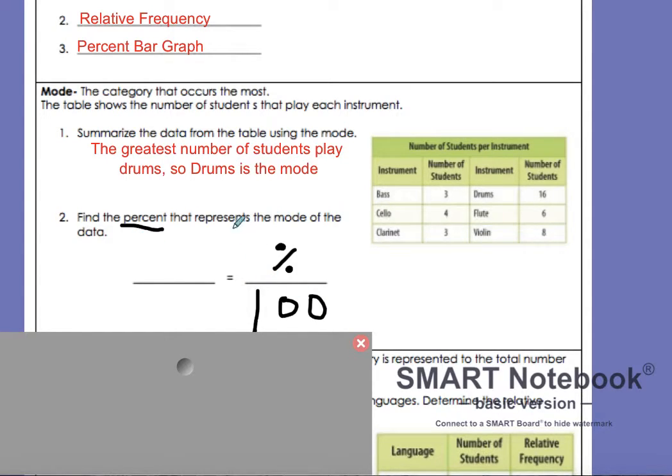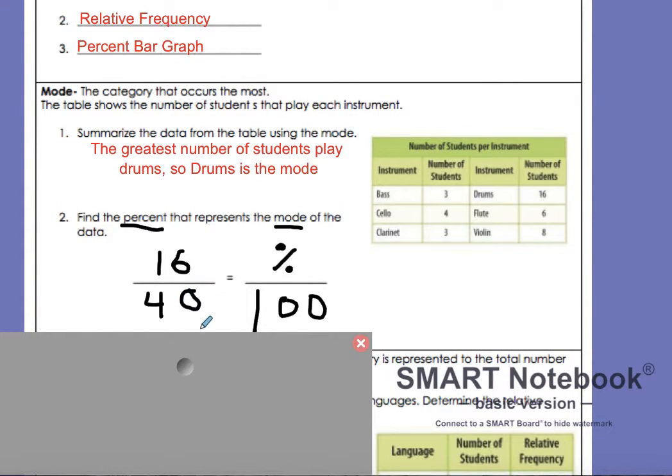And then we're finding the percent that represents the mode, so we need the number that represents the mode. So drums has 16 students playing it, so our part is going to be 16, and our whole is the total number of students. So when you add up all of these numbers, you get 40 students.